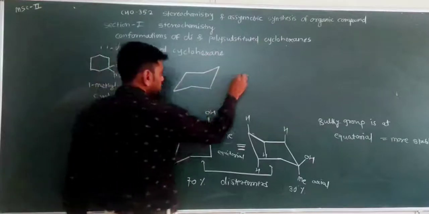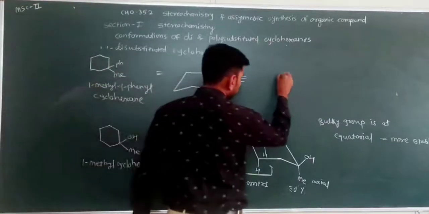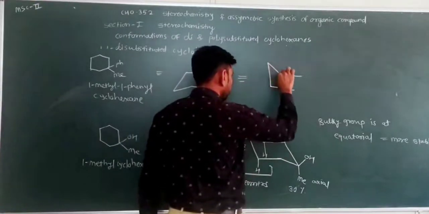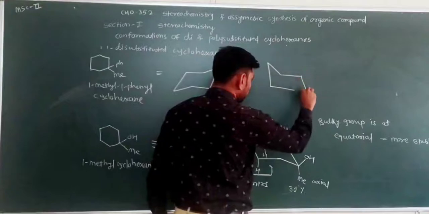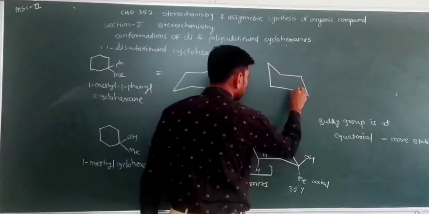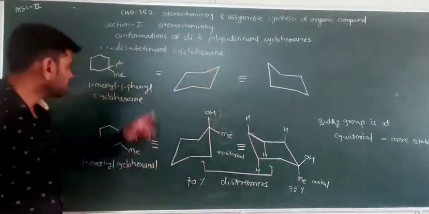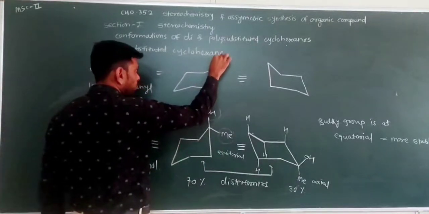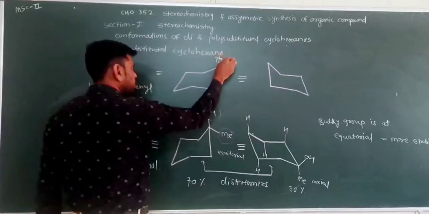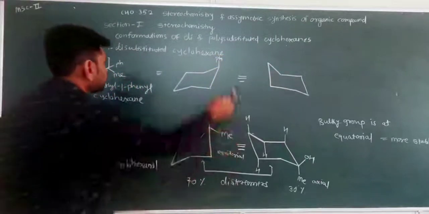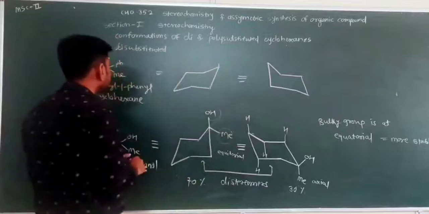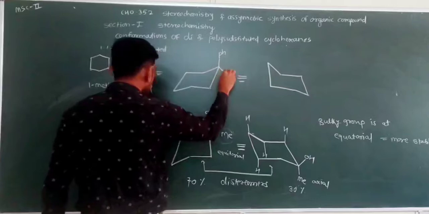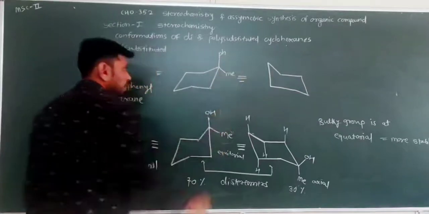This is the chair conformation, and we have to convert it to another chair conformation. See the phenyl group and methyl group. The phenyl group is at the axial position here, and the methyl group is at the equatorial position.